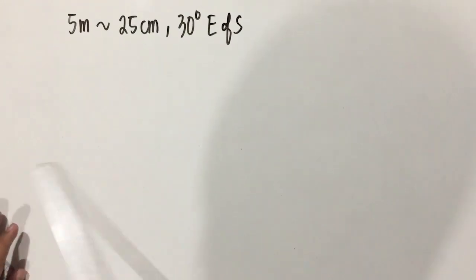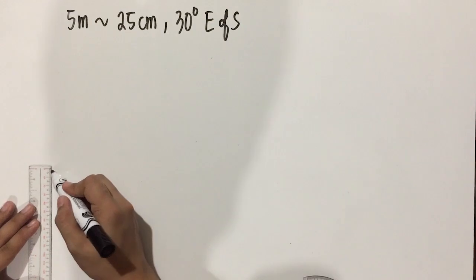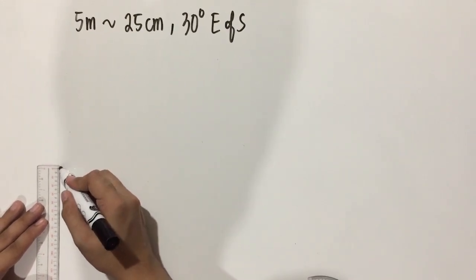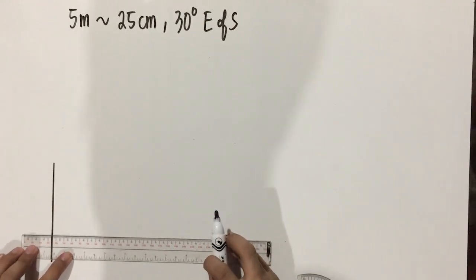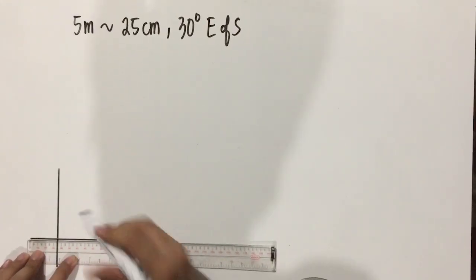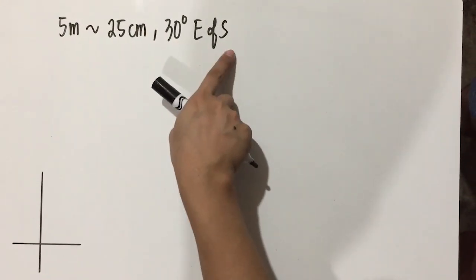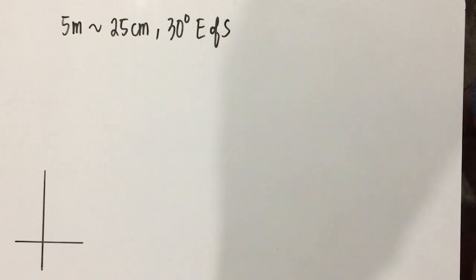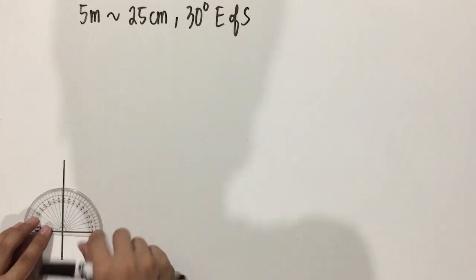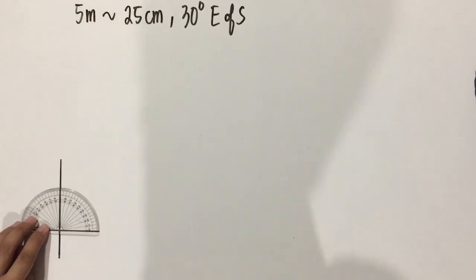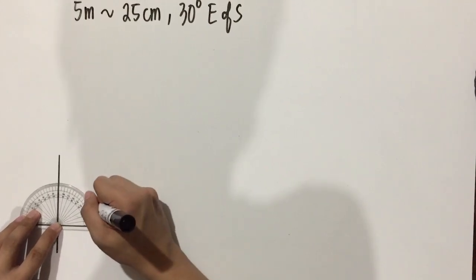Okay, let's draw a Cartesian plane in order for us to properly orient the scale value. So 25 centimeters, 30 degrees east of south. That gives us an idea that it is found in the first quadrant. So measure first the angle of rotation, 30 degrees, using a protractor.